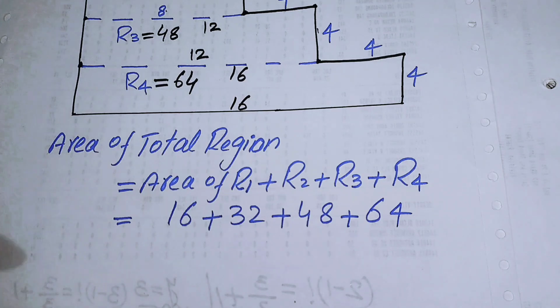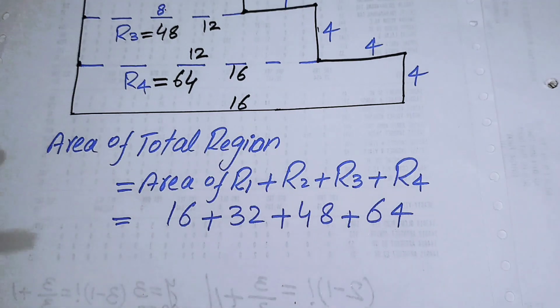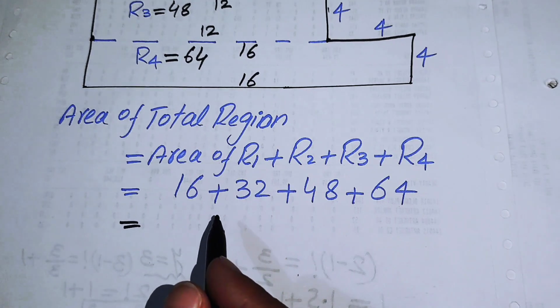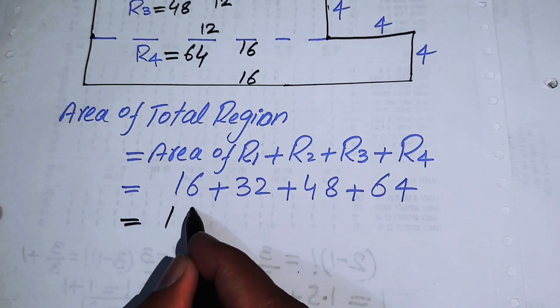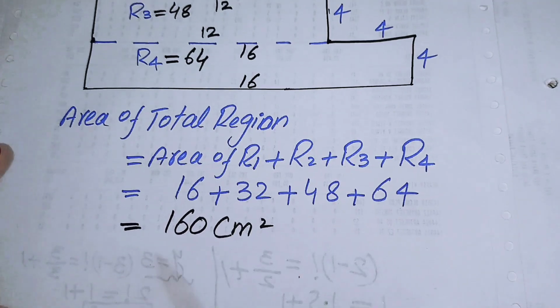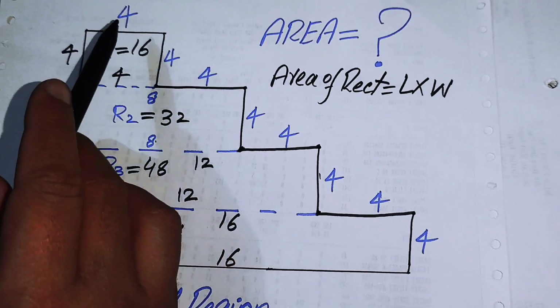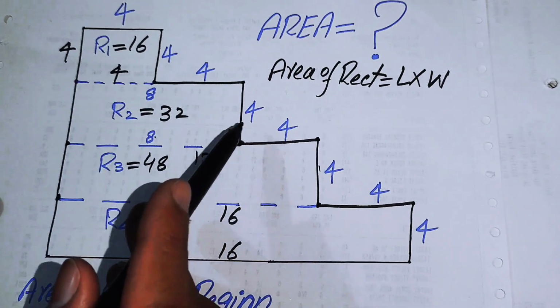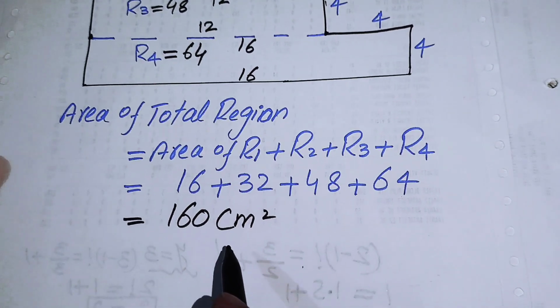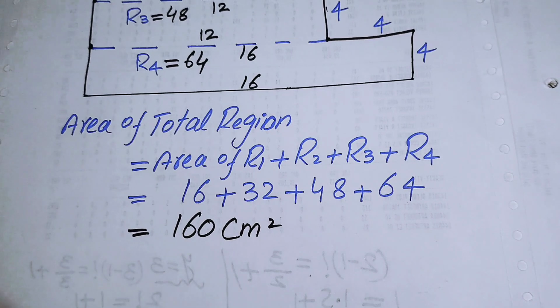Now it is time to find the area of this total shape or total region, so the sum of all these numbers will be equal to 160 centimeter square. Remember that all these lengths are given in centimeters, so we get our area in centimeters square. This is the area of the total region, and this is the final answer of this question.